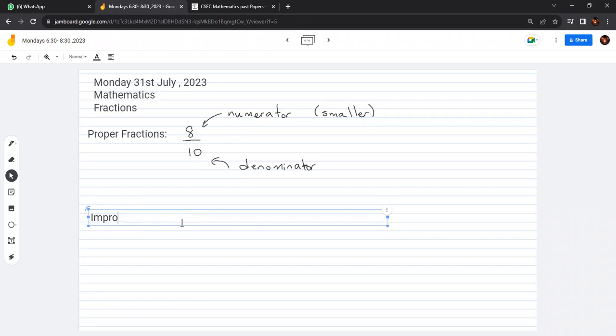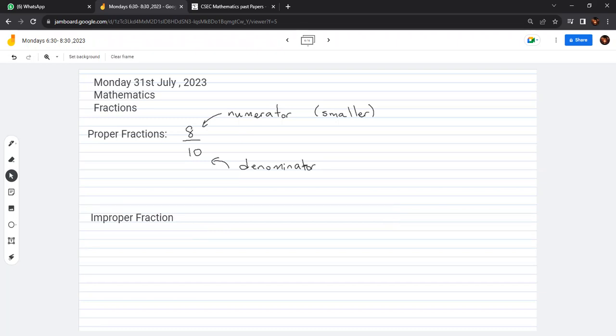It could fall, it could tumble. So in a case like that, if the number on top is bigger than the bottom, we call that an improper fraction. And we normally change them into mixed numbers. Right, so an improper fraction is where the numerator is bigger than your denominator.